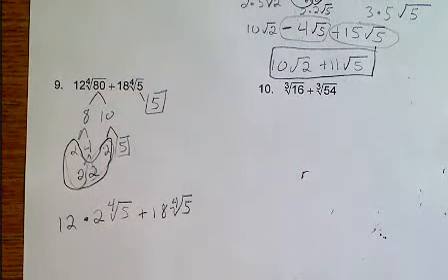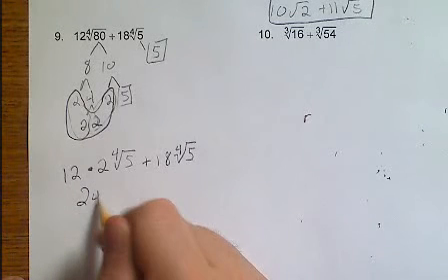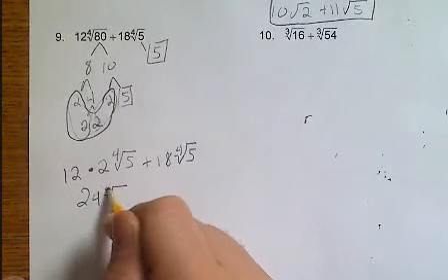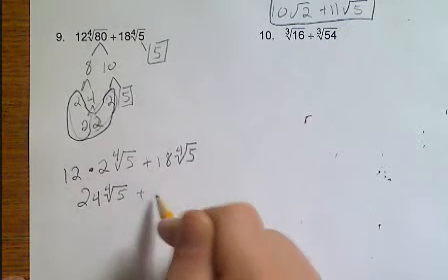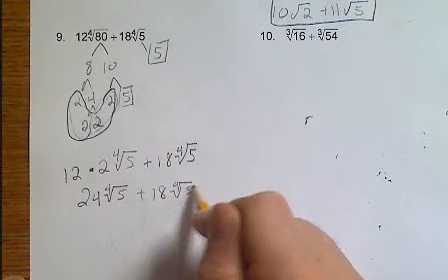Well, 12 times 2 makes 24 on the 4th root of 5 plus 18 on the 4th root of 5.